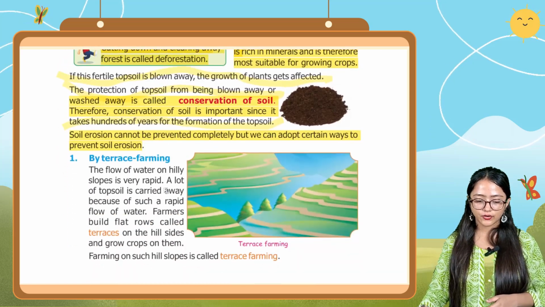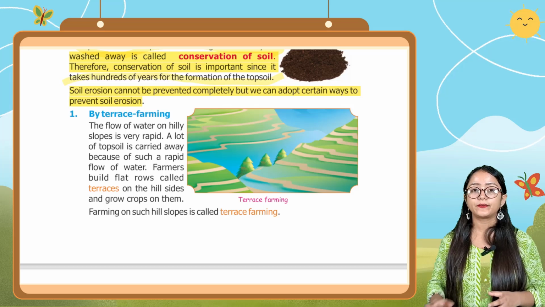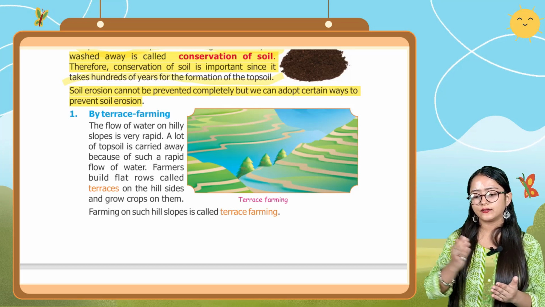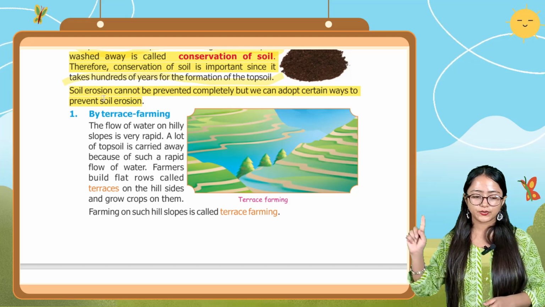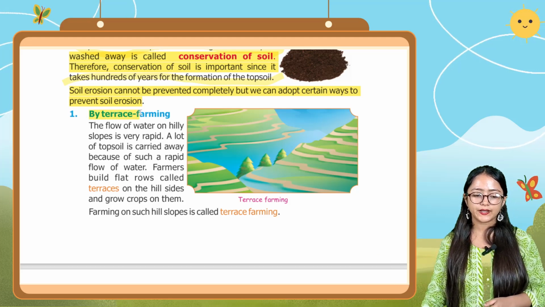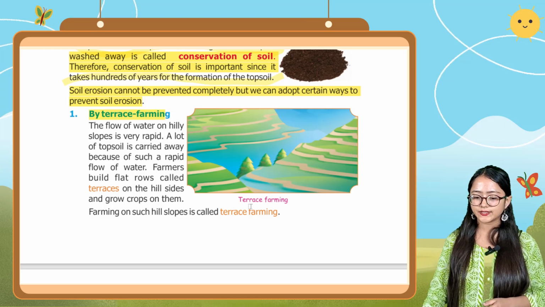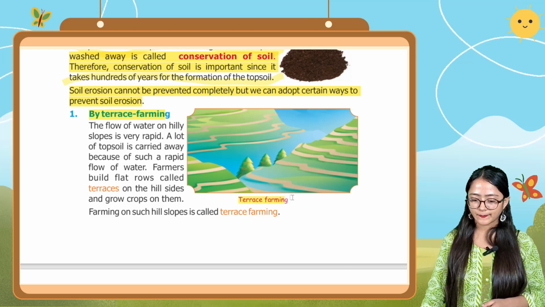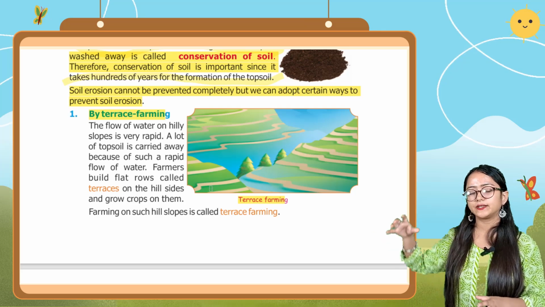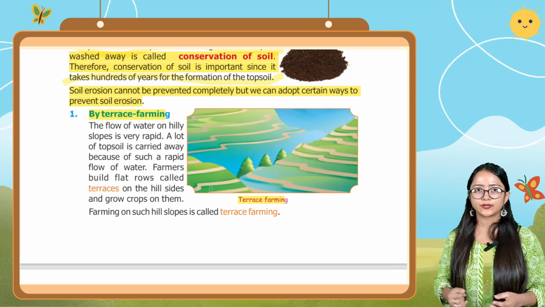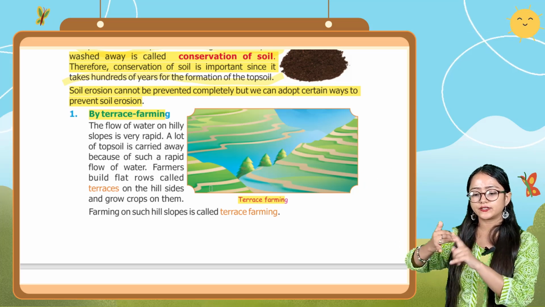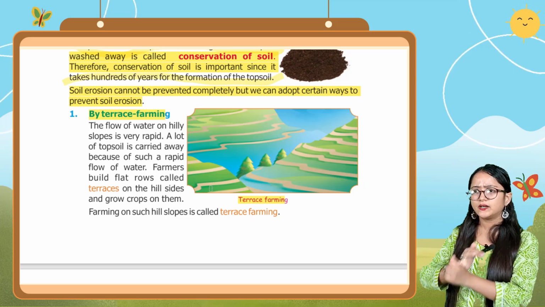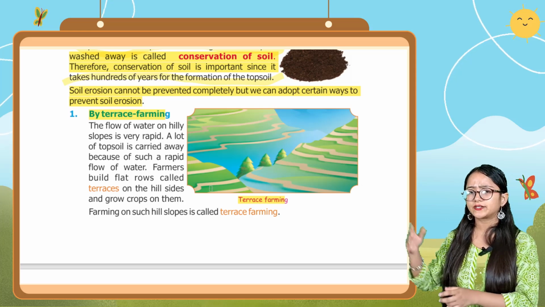Now we're going to talk about prevention, like what are the ways to prevent soil erosion. Okay, so the first one is terrace farming. As you can see in this figure, terrace farming happens generally in hilly areas, like Uttarakhand, Jammu and Kashmir, or Himachal Pradesh.